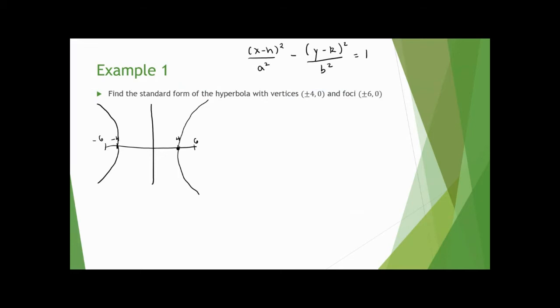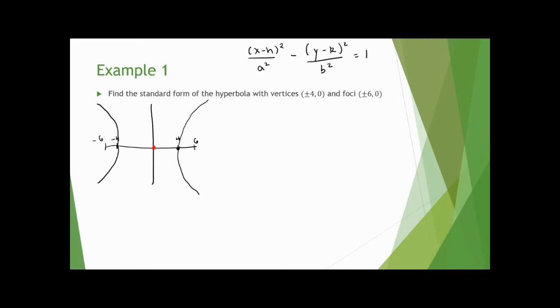So the center is always going to be halfway between the vertices, and it will also be halfway between the foci. So it's going to be the middle point between both of those. Based off of where our picture is, and the fact that my picture is not drawn to scale, so it doesn't actually look like the halfway point, the center is going to be at the origin.